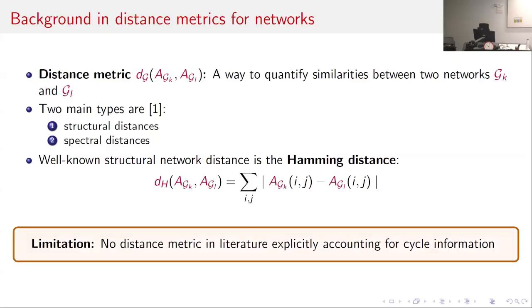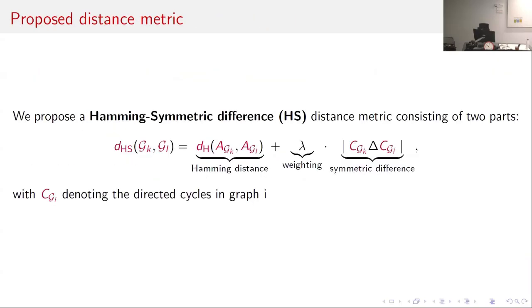A limitation when we started working on this project is that there was no distance metric explicitly capturing information for cycles. What we propose is the Hamming symmetric difference distance, for short, HS. It comprises two parts. The first part is the Hamming distance, which is just the structural distance that I described, the not-in-common edges.